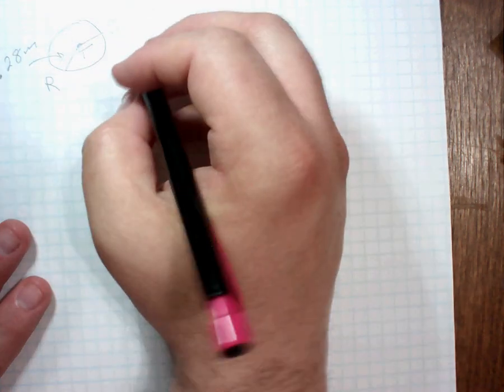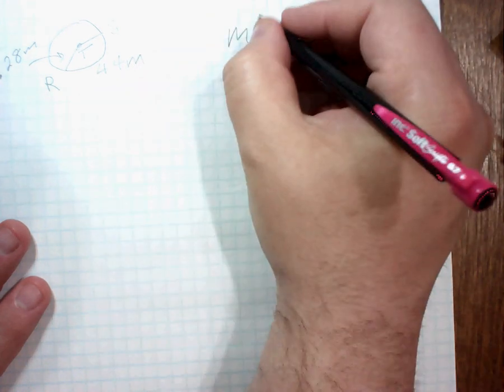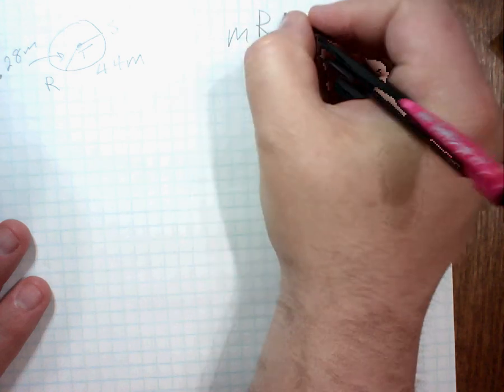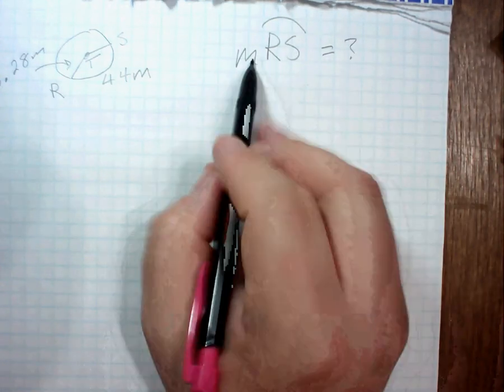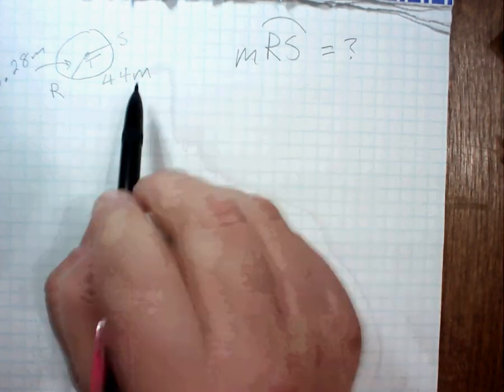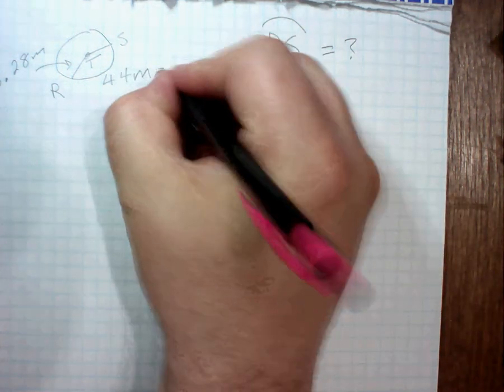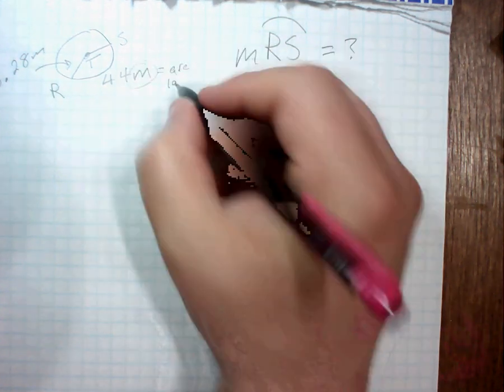And we're told that the arc length from here to here is 44 meters. And they want us to find the measure, basically the central angle, from R to S. So the measure is in degrees, but when I use the word length, that's in whatever units. So this is the arc length because it has the units.